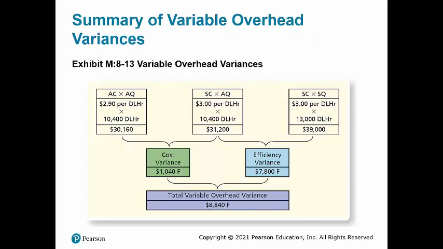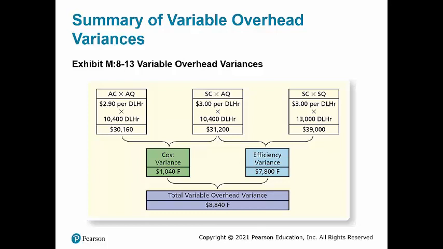So this slide shows how Cheerful Colors divided the $8,840 favorable variable overhead flexible budget variance into its cost and efficiency components. The $8,840 favorable variable overhead variance indicates that variable overhead costs were less than expected.